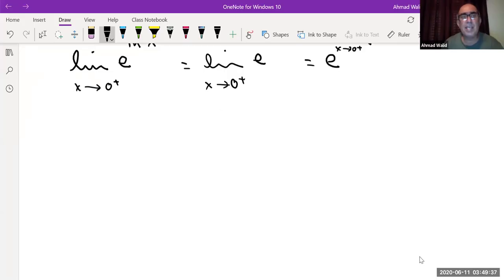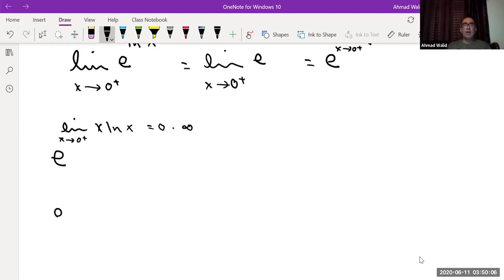Look, you have e to the power of limit, x approaching 0 from the right, of x ln x. If you plug in 0, it gives you 0 times infinity. We did this example in part 1 of the lecture, right? Now, what I do, I'll change this one to a quotient.